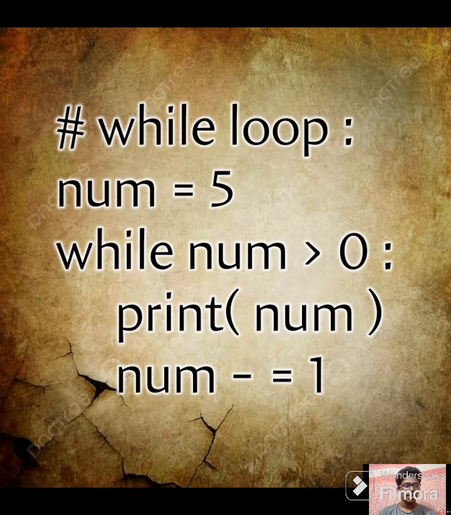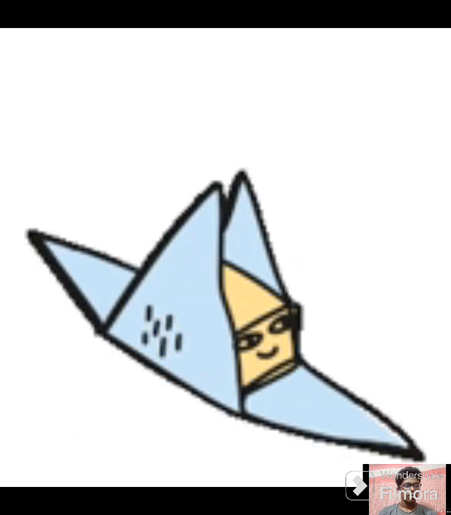Then the loop is going to iterate, so the 5 num is going to be printed, and afterwards after printing, the num value is going to decrease by 1 and it is going to repeat until the condition gets false. It comes out from the loop, and that's a wrap.